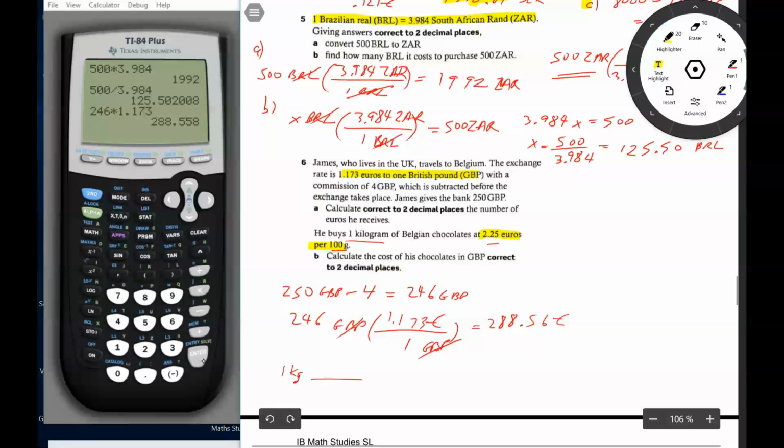And then we want to change kilograms into grams because our domino has grams in it, right? So before we get to the domino with grams in it, let's change kilograms to grams. And we remember there's 1,000 grams in a kilogram because a gram is small, right? And then we're going to change the 100 grams into how much they cost, which is 2.25 euros.